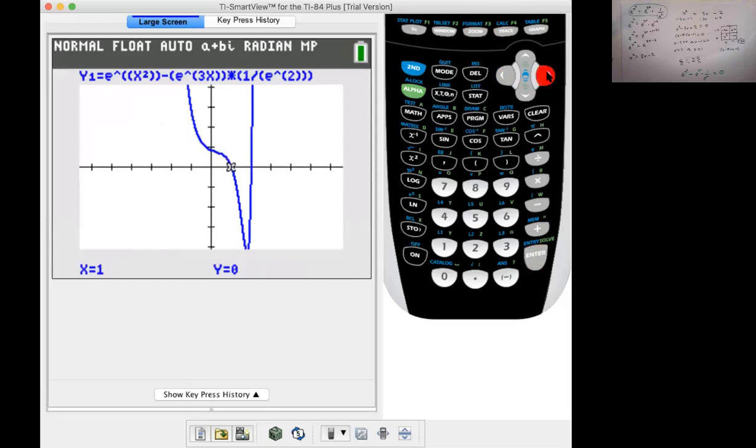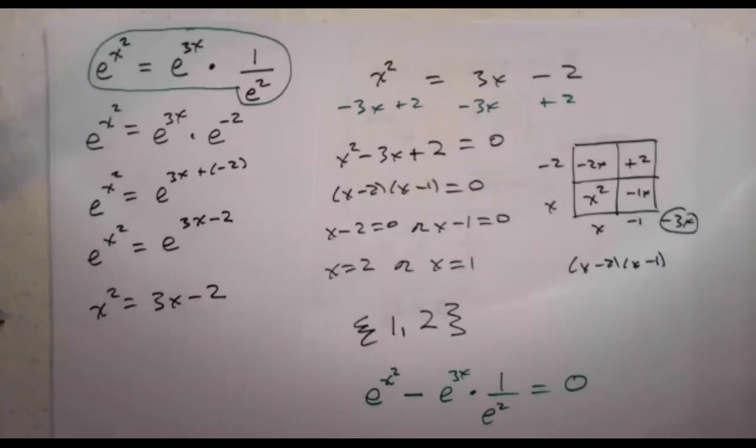There it is. X is 1, Y is 0. So 1 is a root, 1 is where it crosses the axis. So if X is 1, the result is 0. And similarly here. So indeed, 1 and 2 are our solutions. And that checks the work that we did by hand, when our solutions are 1 and 2 for that equation.